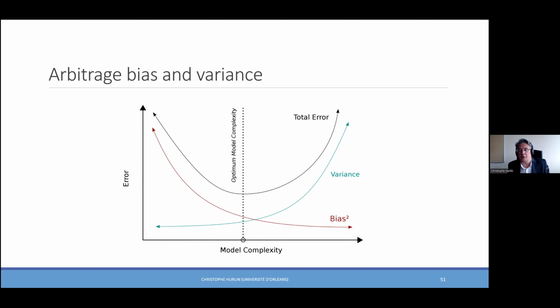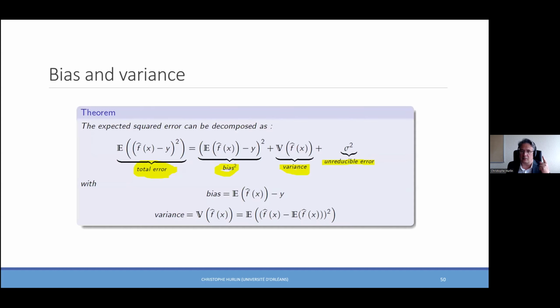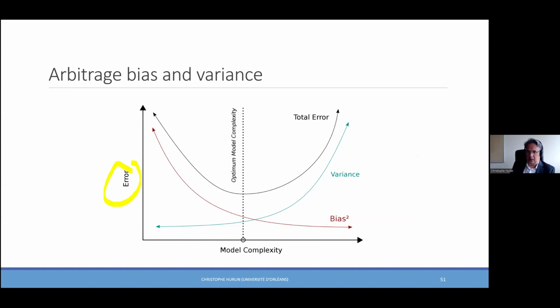Remember that the total error is the sum of the squared bias plus the variance. If I have a too complex model, I have a high total error due to a high variance.